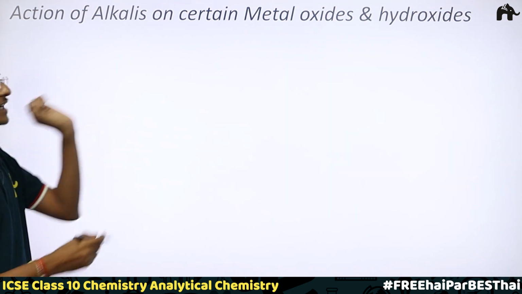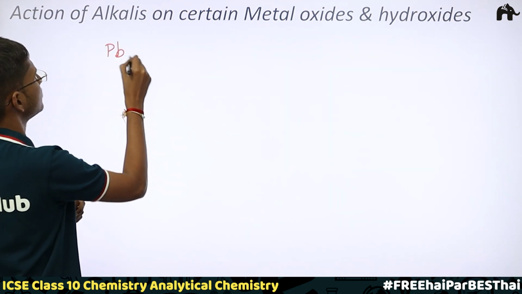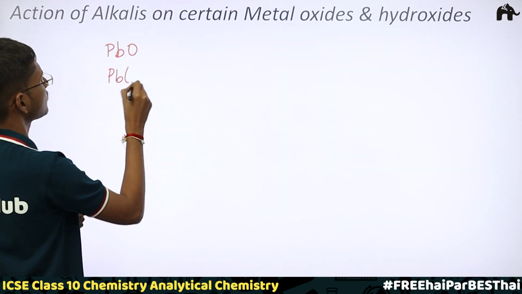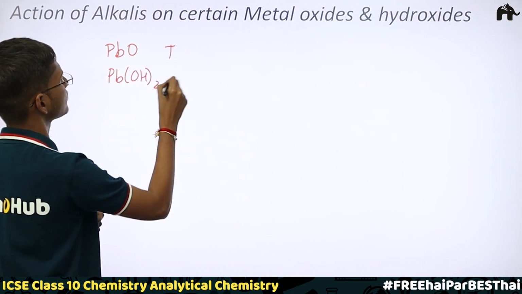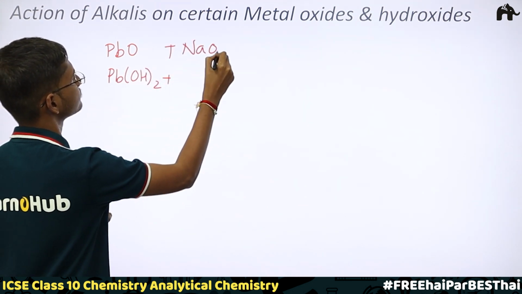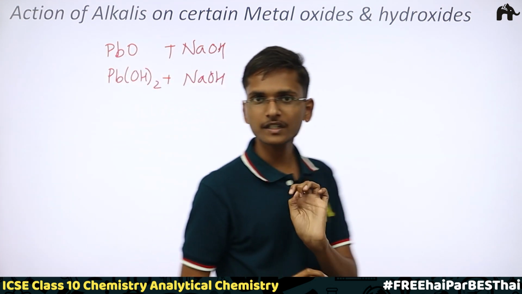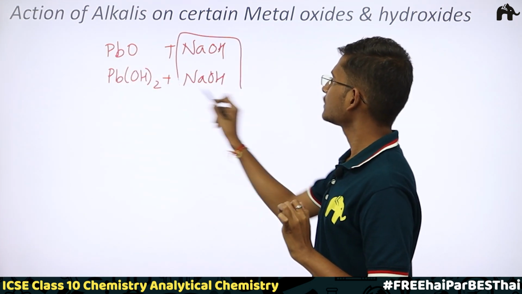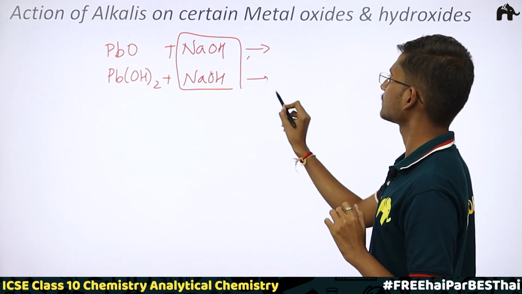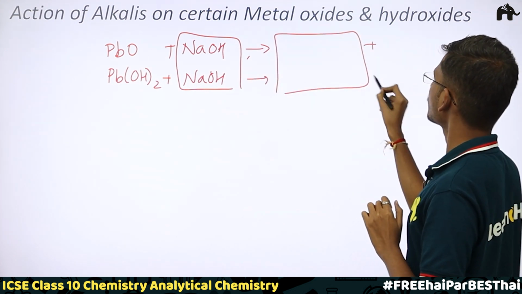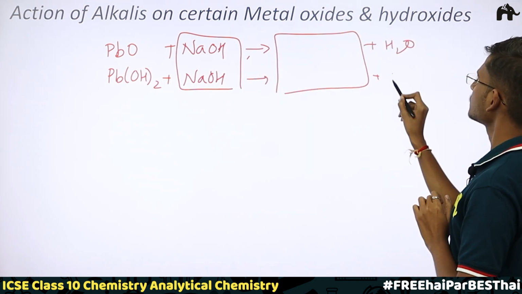Now the last oxide and hydroxide, lead oxide and lead hydroxide, and their reaction with NaOH. See, oxide and hydroxide with the same reagent, what would they give us? The same salt and water, simply.